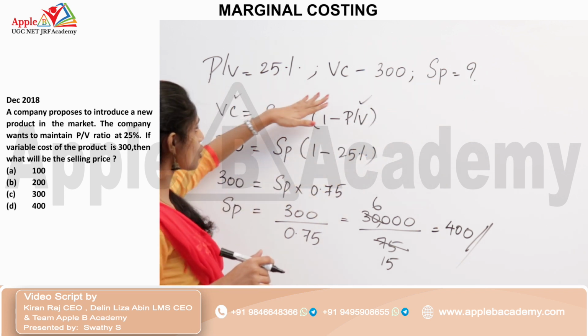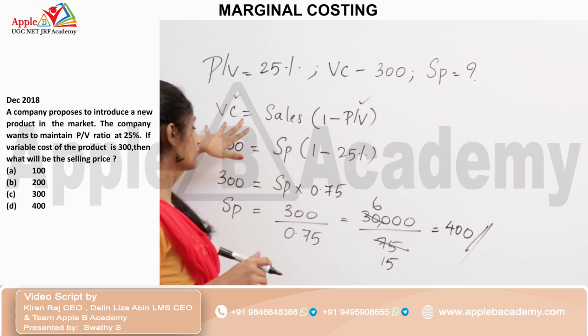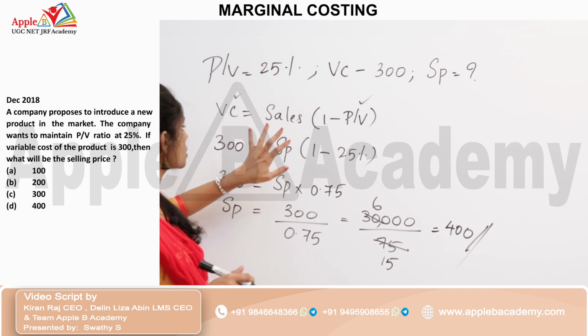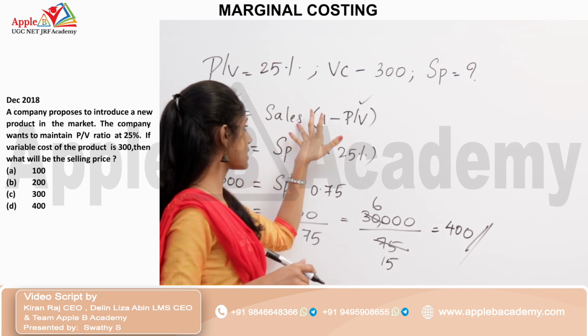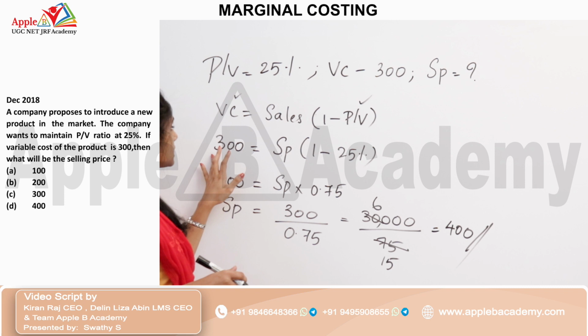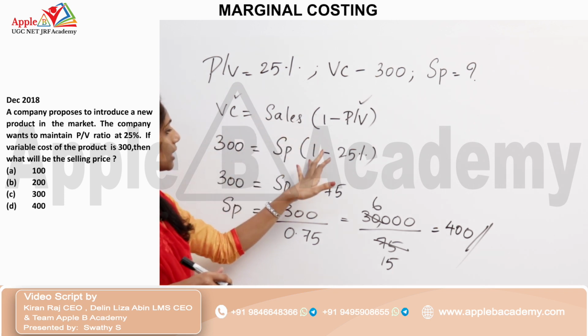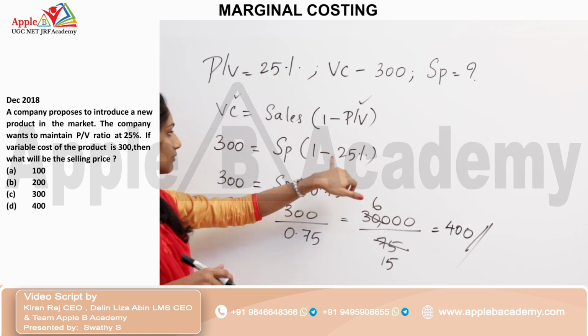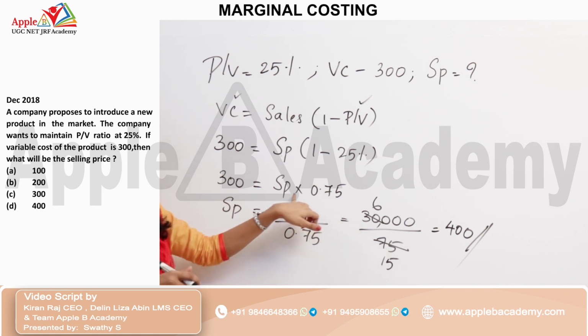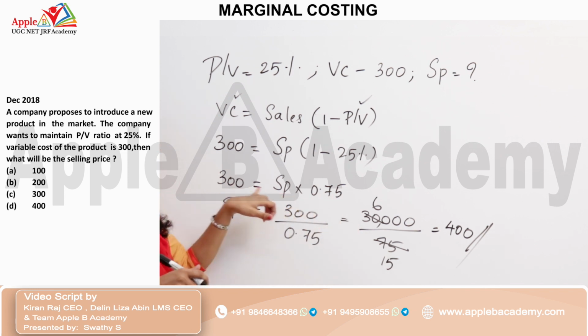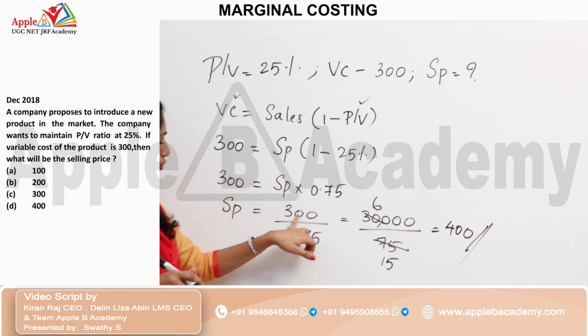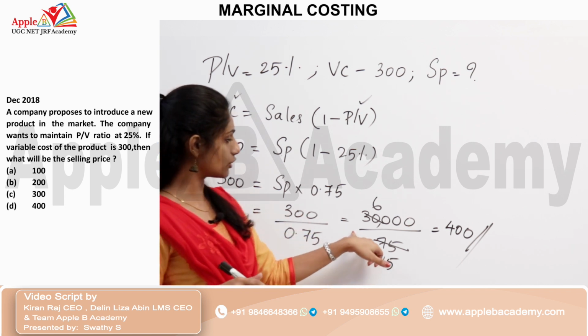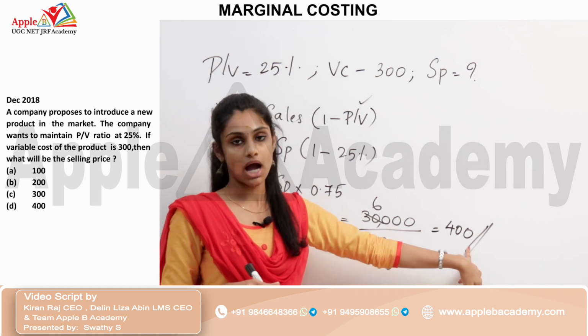The equation in which all these are present is the variable cost calculation: variable cost is equal to sales into 1 minus PV, that is 300 equal to sales into 1 minus 25%, which is 0.75. Selling price is here multiplied, so when you take it to the other side it will be division. So 300 divided by 0.75, and your final answer will be 400.